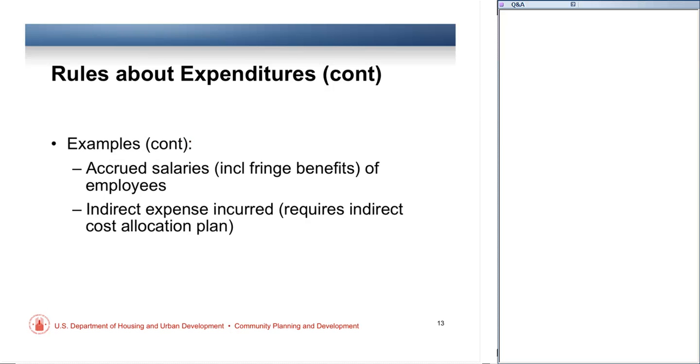And finally, you can include any indirect expense or costs that have been incurred, as long as it's done pursuant to an indirect cost allocation plan that is prepared and sometimes approved in accordance with the OMB circulars, either A87 for governmental entities or A122 for non-governmental entities.